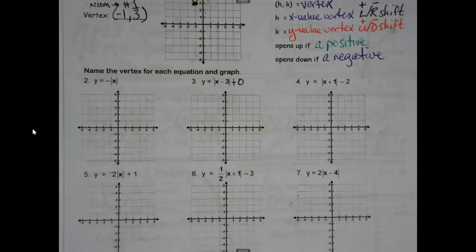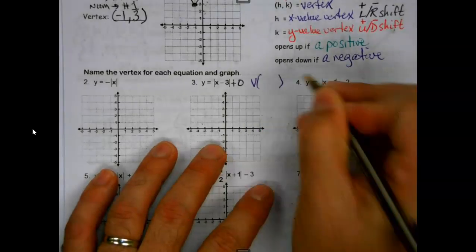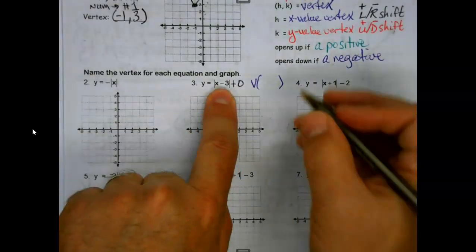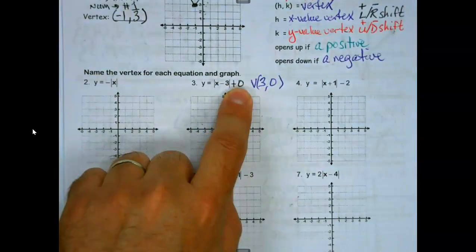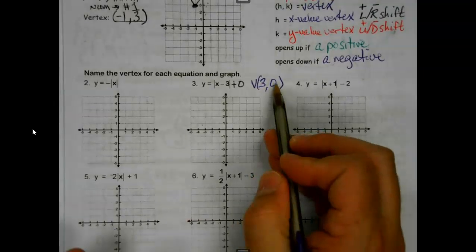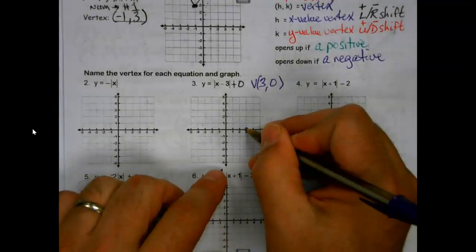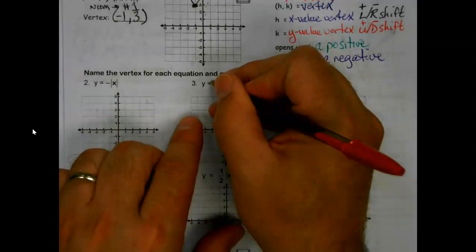So that's 0. So my vertex here is the opposite of H and K. My X and my Y value. So there's my vertex. My A value to get my other points is the number that's in front of my absolute value. Well, Hardy, I don't see one.